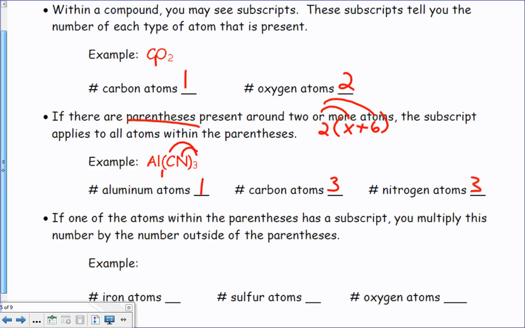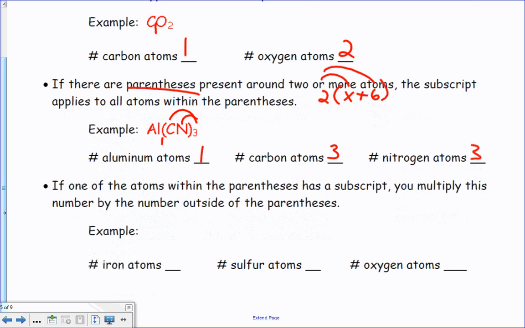There's one other case that we've got to check out. What happens if there's a subscript inside the parentheses? Rules still apply. If I were to write for you 2 times 2x plus 7, you'd still distribute, right? But now it would be 4x plus 14, because it would be 2 times 2.